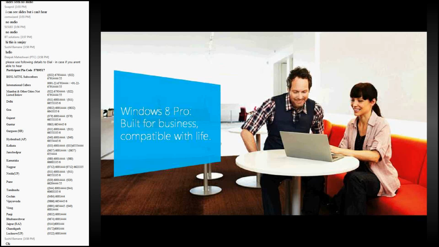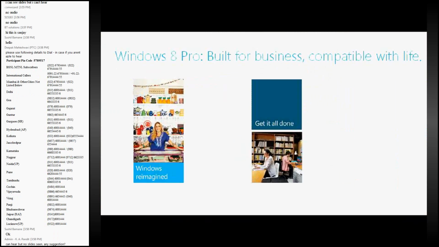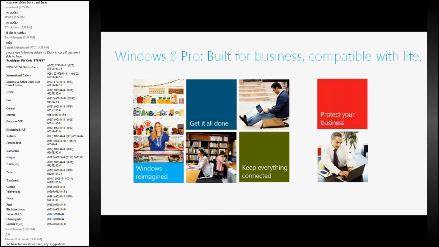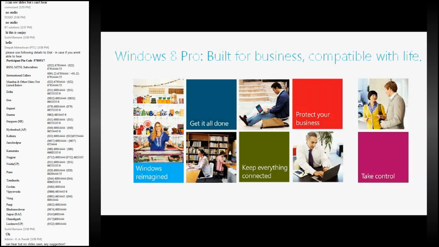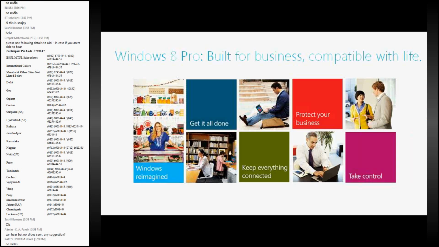Now, let's get to understand the 4 pillars that Windows 8 is built on. Number 1, you heard in the beginning of the slide, Windows Reimagined, or you would have read it on websites. Windows 8 is Windows Reimagined. What can we do better with Windows 7, and how can we make it better for enterprise, consumers, professionals, and your family members alike, right?